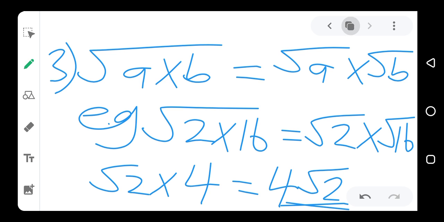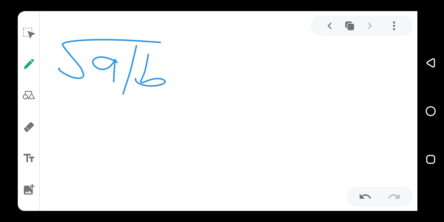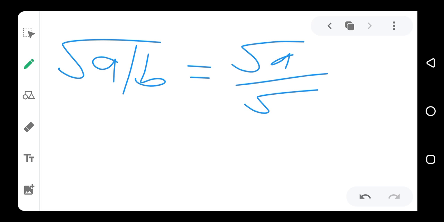Then for division, if we have A divided by B in a single root, we can separate them just like we did in multiplication. So we are going to have root A over root B. In multiplication, we can separate the two values that are in one single root so that each of them will have their own roots.